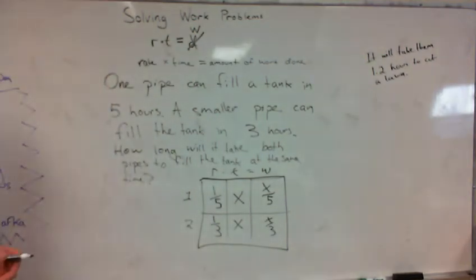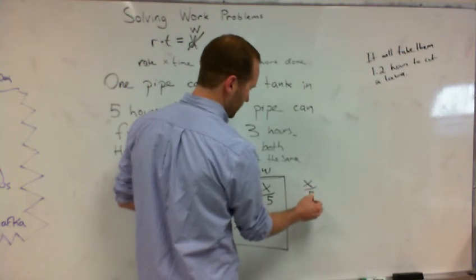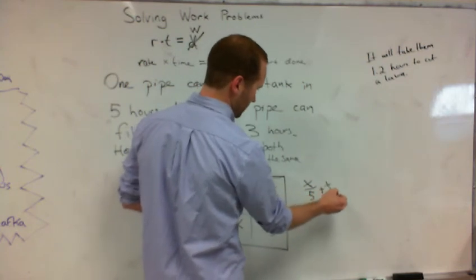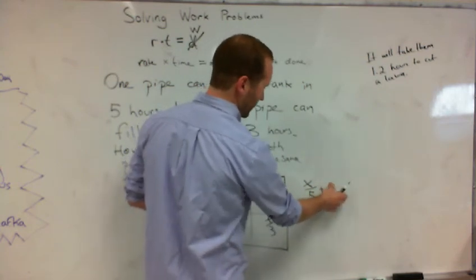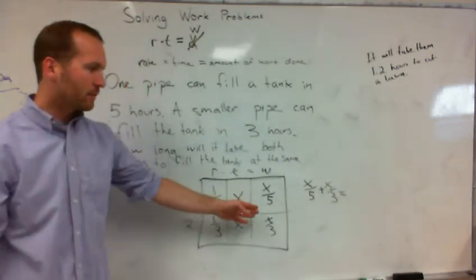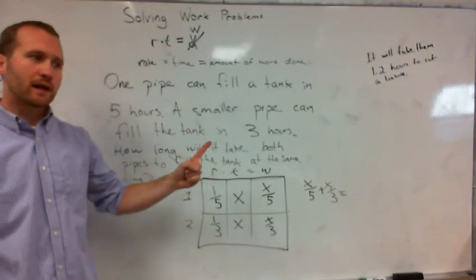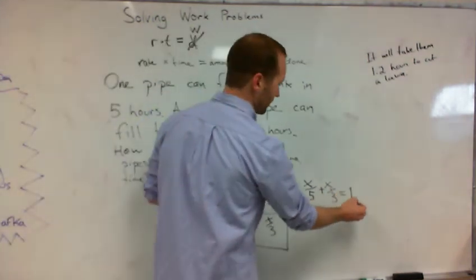Okay, now we're going to set up our same equation. The amount of work done by both of these pipes together, pipe 1 plus pipe 2, has to equal 1 tank, because they're filling up 1 tank.